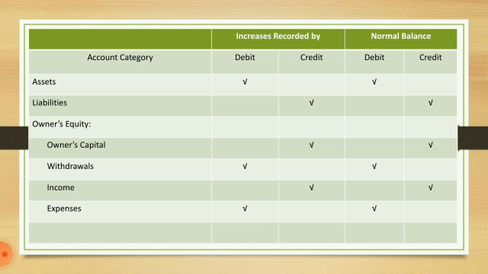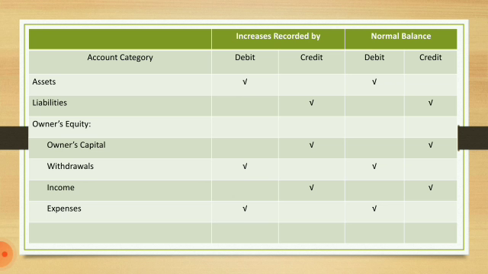It would be much better if you memorize this or you know the rule by heart. Now let's recall, what are the three major types of accounts? We have assets, liabilities, and owner's equity.